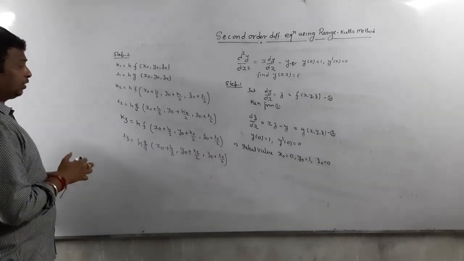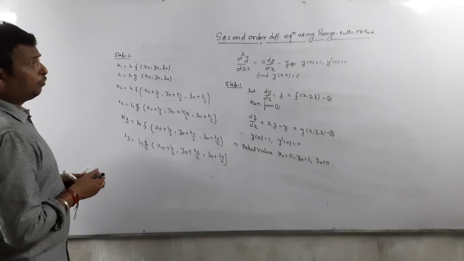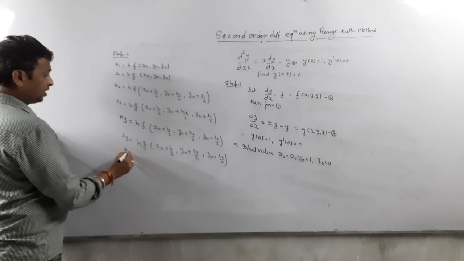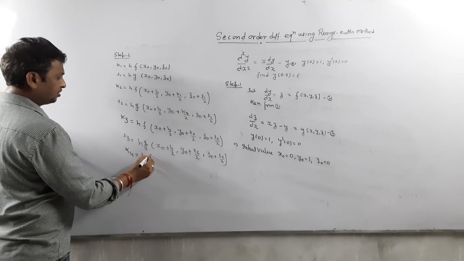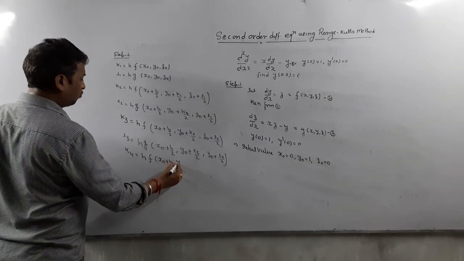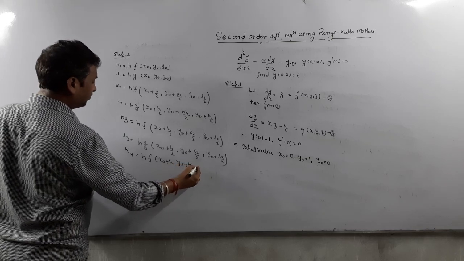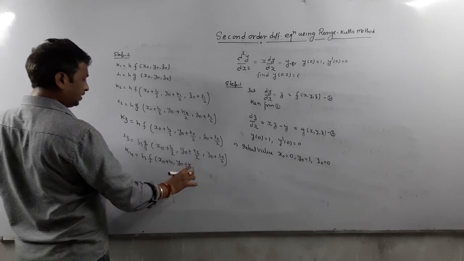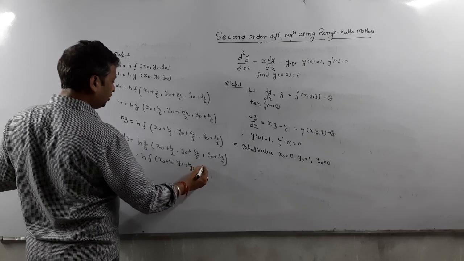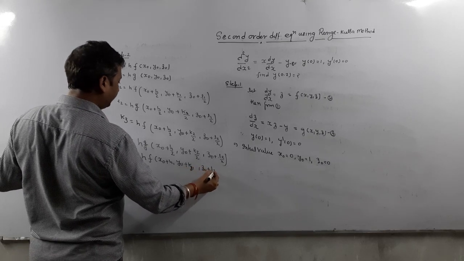Once you have k1, k2, k3, go for k4. What is k4? k4 is h f at x0 + h, y0 + k3, and z0 + L3.